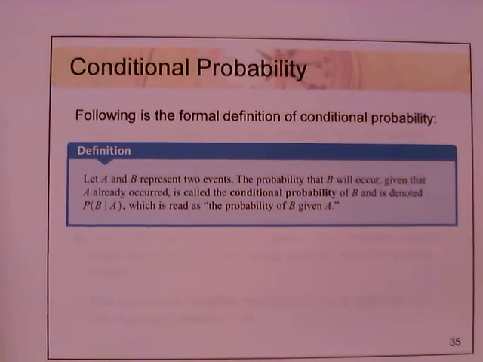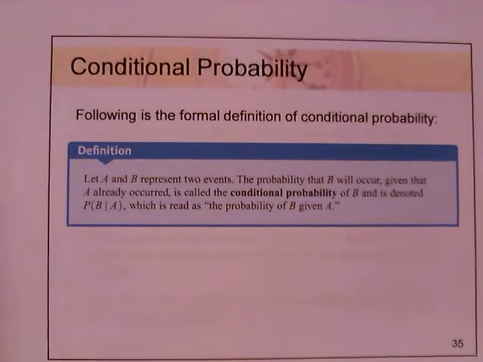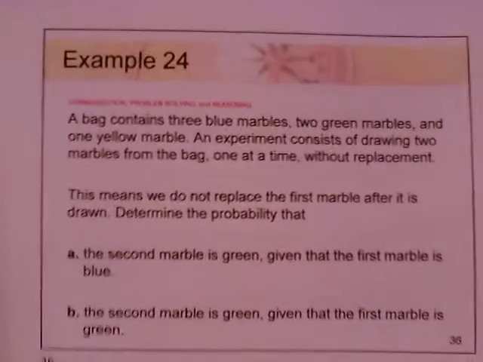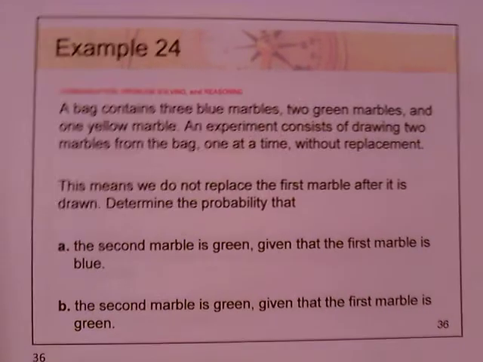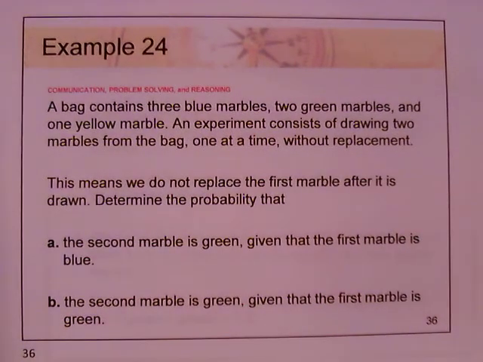So let's say in this example here, a bag contains 3 blue marbles, 2 green marbles, and 1 yellow marble. An experiment consists of drawing 2 marbles from the bag at one time without replacement. This means we do not replace the first marble after it is drawn.